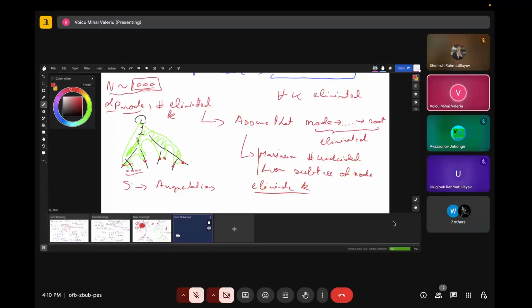And this set of selections that we can do to increase our count of eliminated nodes follows the tree structure. We keep going downward, and we get more options out of that.